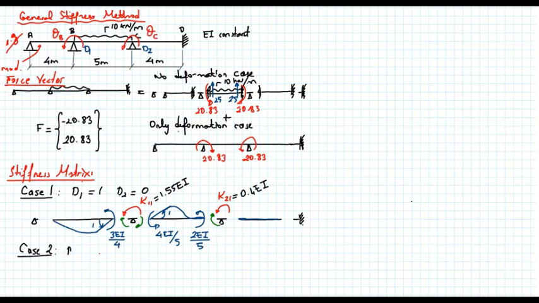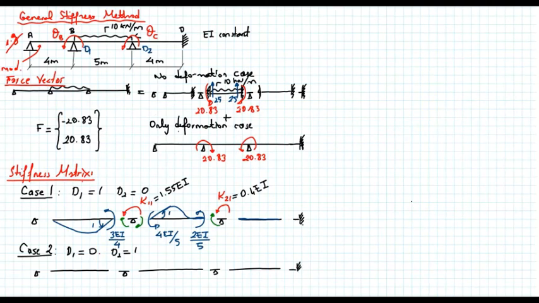D1 is equal to 0, D2 is equal to 1. Now let's draw the free body diagram one more time.